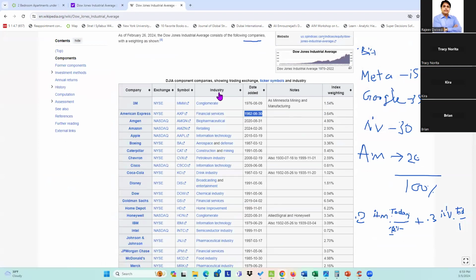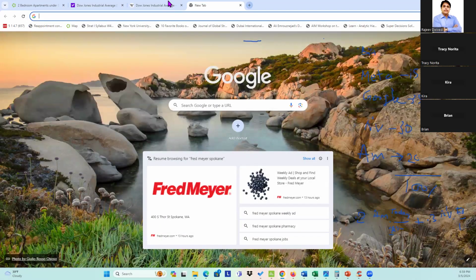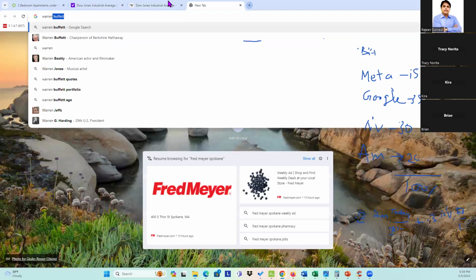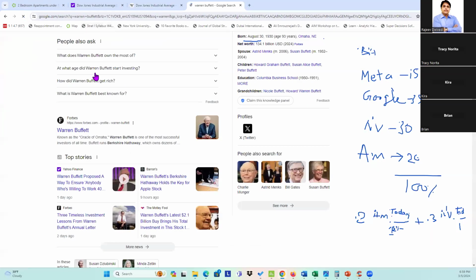I think NVIDIA is not there. Probably very soon you will see NVIDIA in here. So this is how they decide. And mostly, I can show you the portfolio so that you can know how things are controlled.